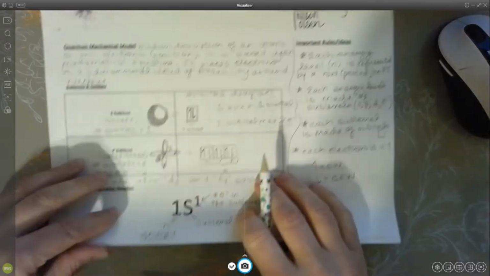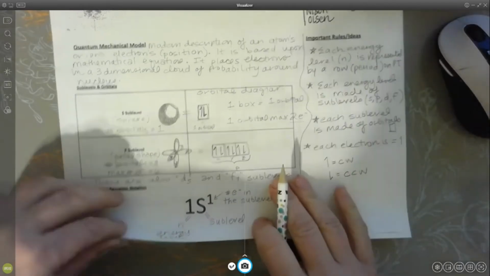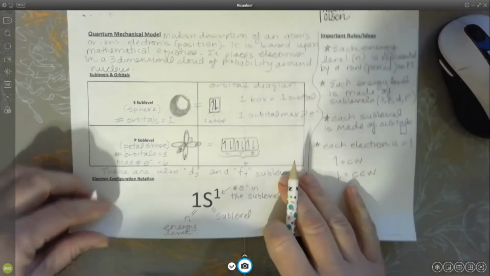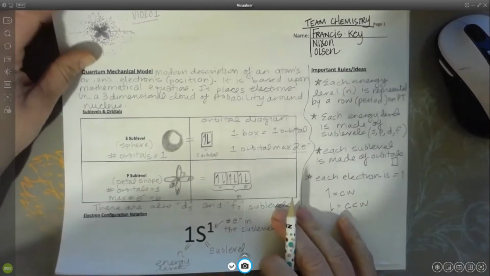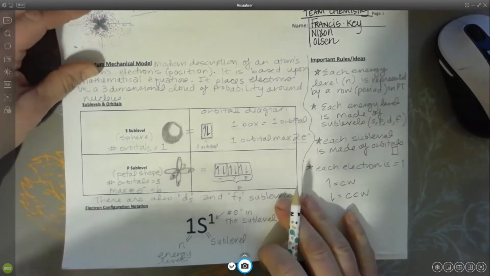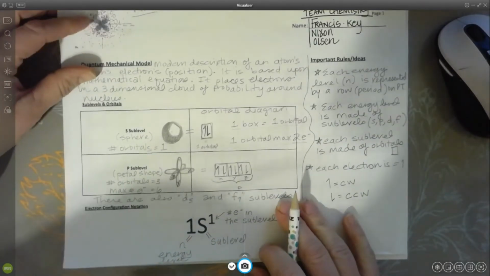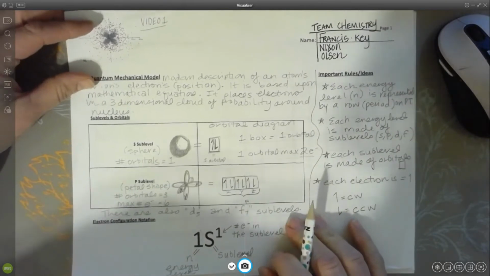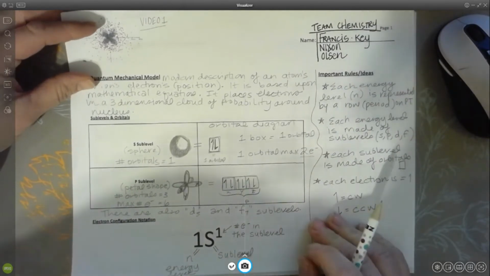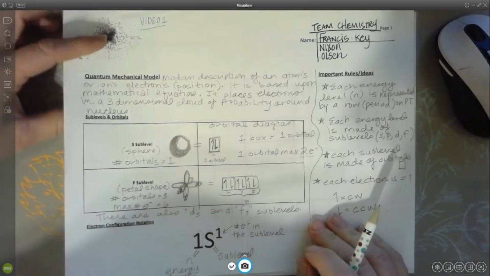So it turns out I'm not really that great with balloons, but hopefully that gave you a little bit clearer idea about the spaces that surround the nucleus in which we might find an electron. They're 3-dimensional spaces.